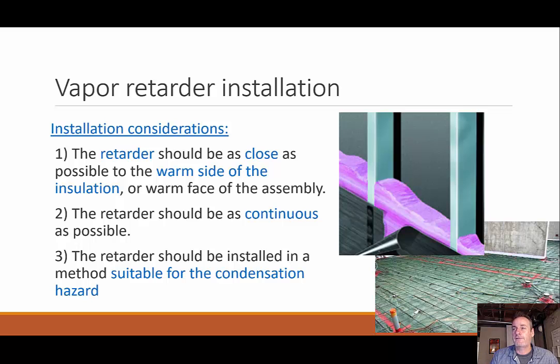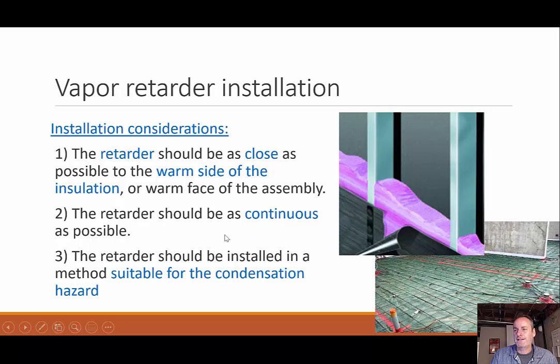As far as installing our vapor retarders, something that should be considered is that it should be as close as possible to the warm side of the insulation, or warm face of the assembly. So if you're in a colder climate and the inside is your warmer space, of course you want the vapor retarder to be closer towards the inside. The reverse is true if you are in a warm environment and you are cooling the inside.